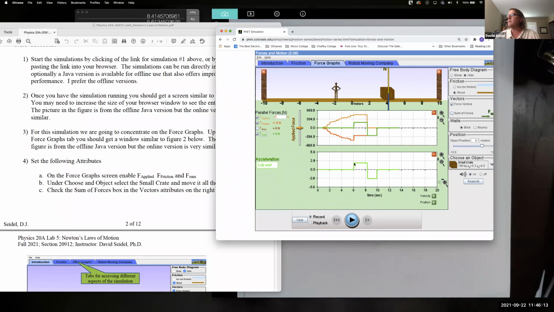And that's the same thing that happened in the acceleration graph. When the force went up, acceleration went up. When the force was removed, the acceleration switched signs. Now, let me play again here so I can turn on the velocity graph.